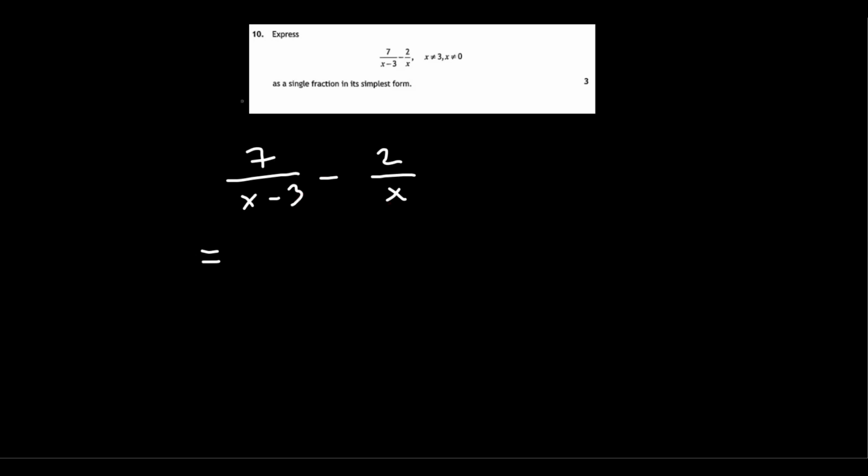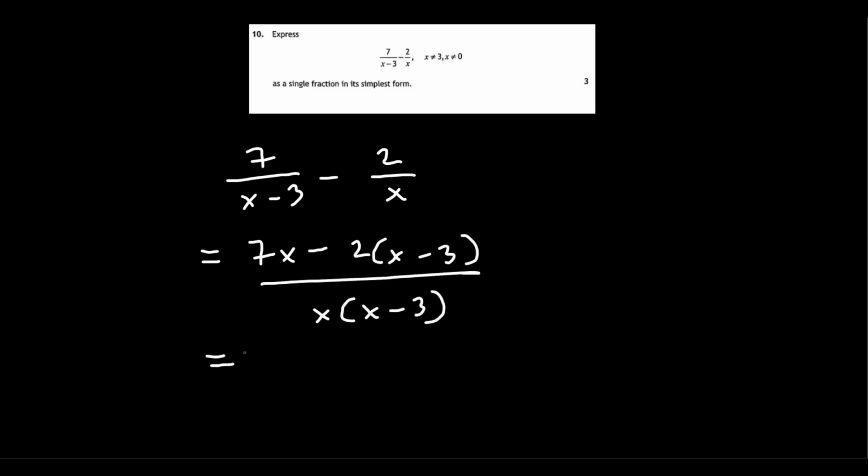So you basically do 7 times x minus 2 times (x minus 3), all over x times (x minus 3). And that gives 7x minus 2x, so that's 5x. And then minus 2 times minus 3, plus 6, over x times (x minus 3).